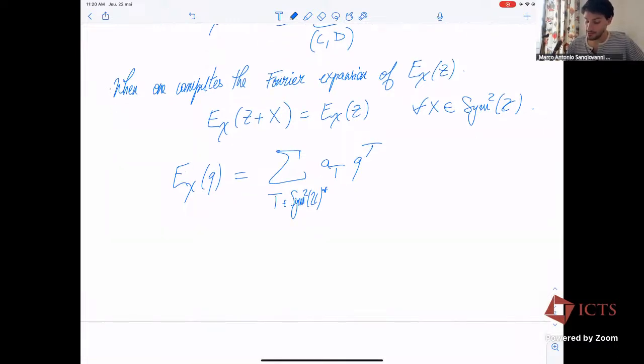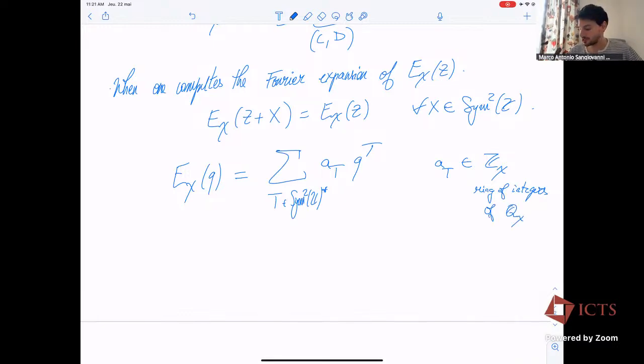And it turns out that this a_T belongs in Z chi, which is the ring of integers of Q chi, and Q chi from yesterday's notation is just the field where you have adjoined the values of chi.